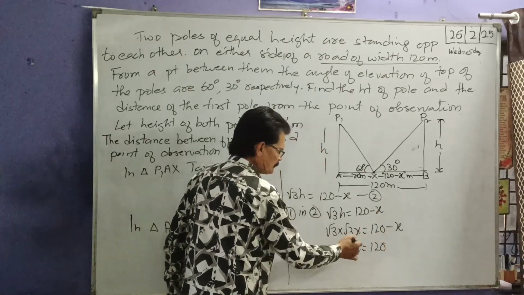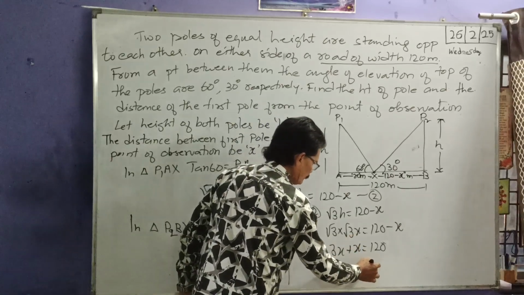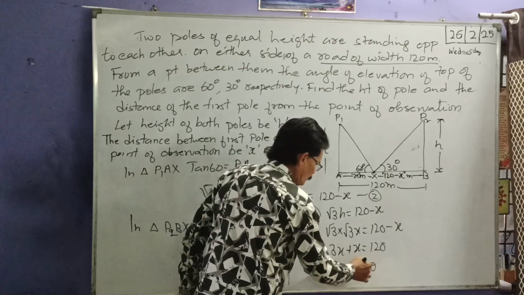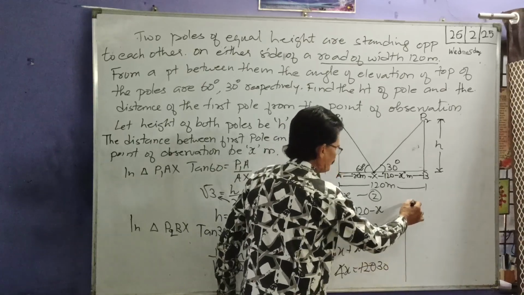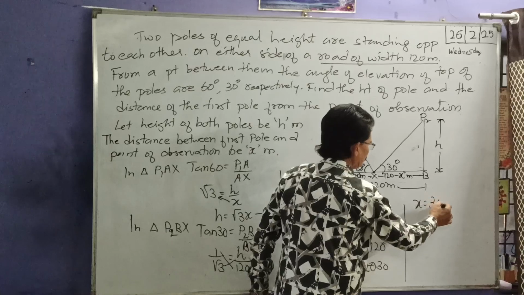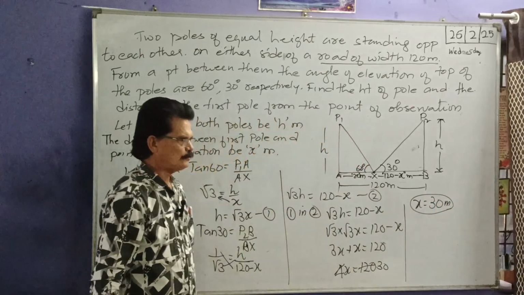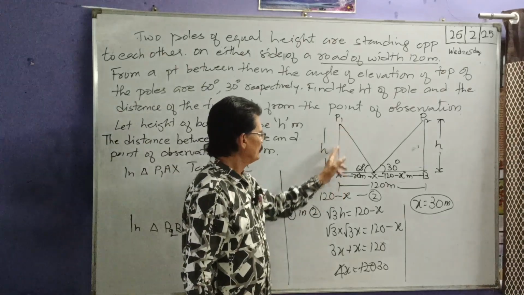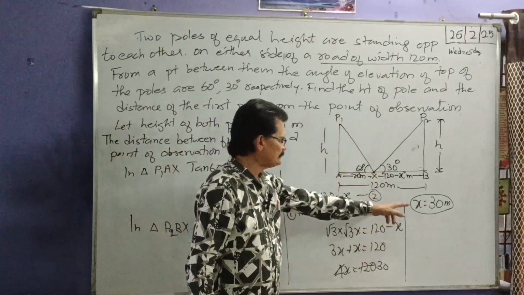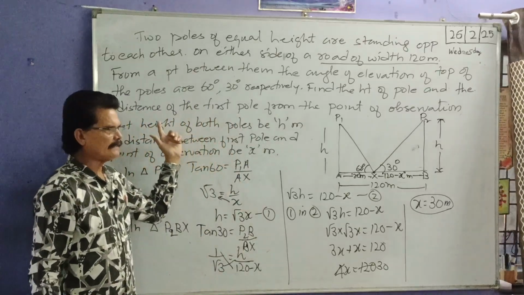Now 3x plus x, 4x is equal to 120. 4 will go 30 times. So you are getting x is equal to 30 meters. So the distance between the first pole and the point of observation is 30 meters. We got the second question.